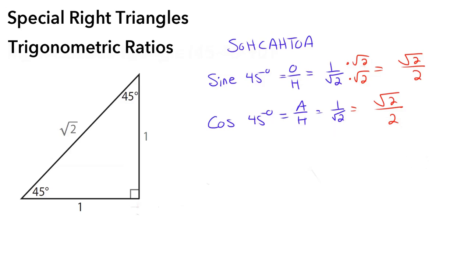And then tangent is opposite over adjacent, and both legs are the same. So that's 1 over 1, which equals 1. And you could tell that that's going to be the case with every single 45, 45, 90 triangle, that tangent is going to equal 1, because the legs are the same.